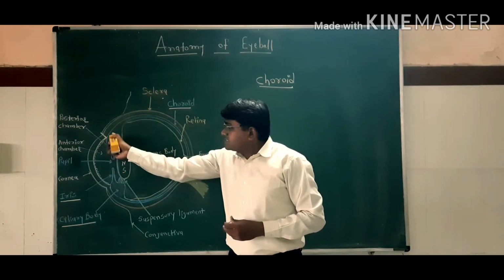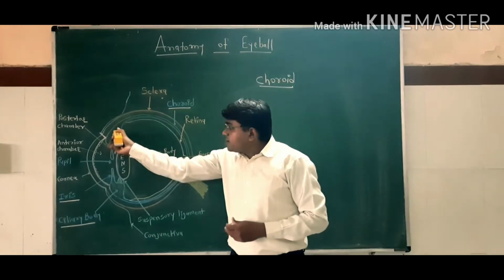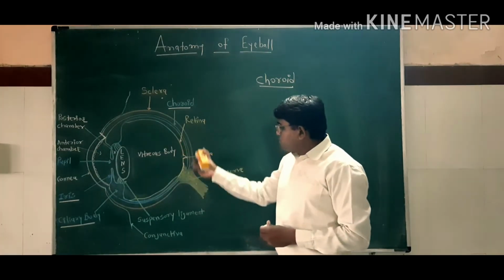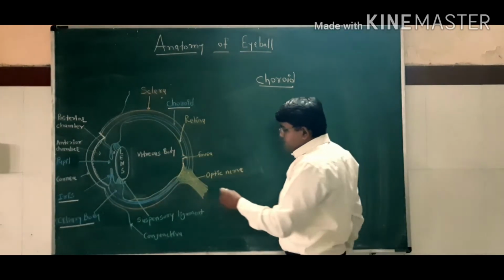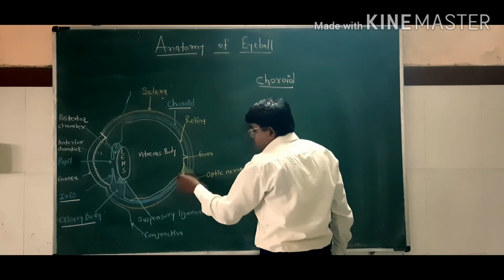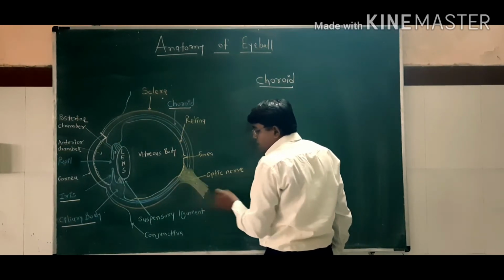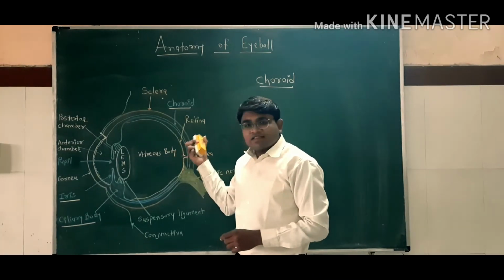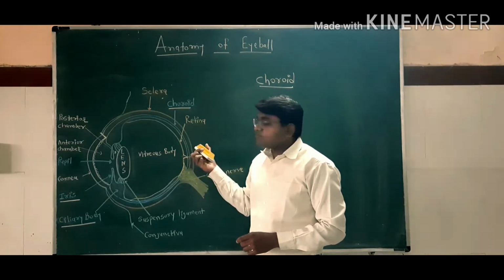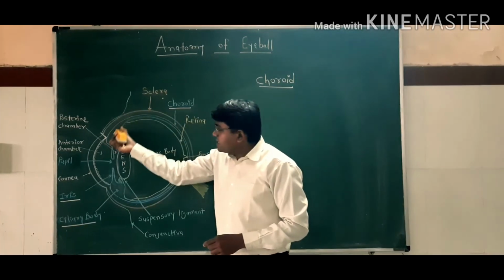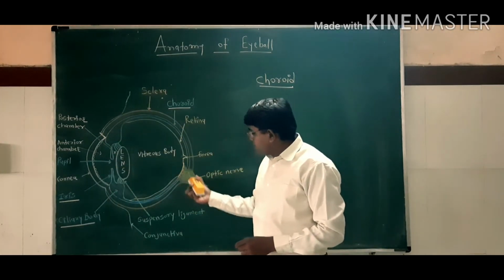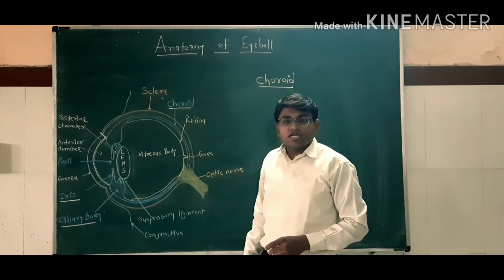Anteriorly, it ends in the ciliary body, whereas posteriorly it is pierced by the optic nerve. It is anteriorly continuous with the ciliary body, whereas posteriorly it is pierced by the optic nerve.